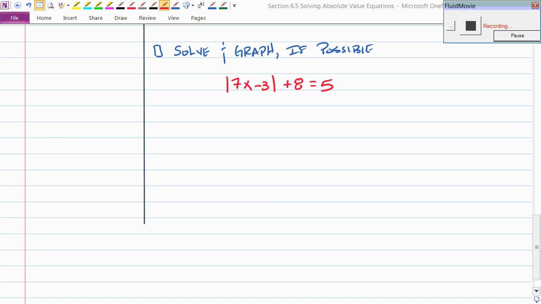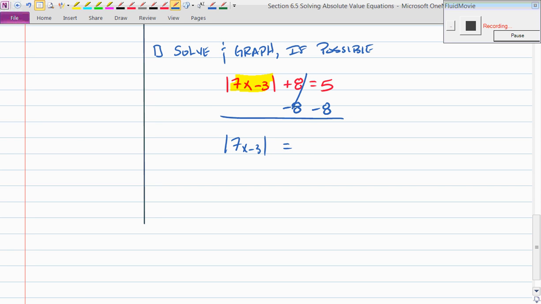Now the next one: the absolute value of 7x minus 3, plus 8, is equal to 5. Ladies and gentlemen, is the absolute value part by itself? No, it is not. We need to get it by itself before we can begin. Subtract 8.